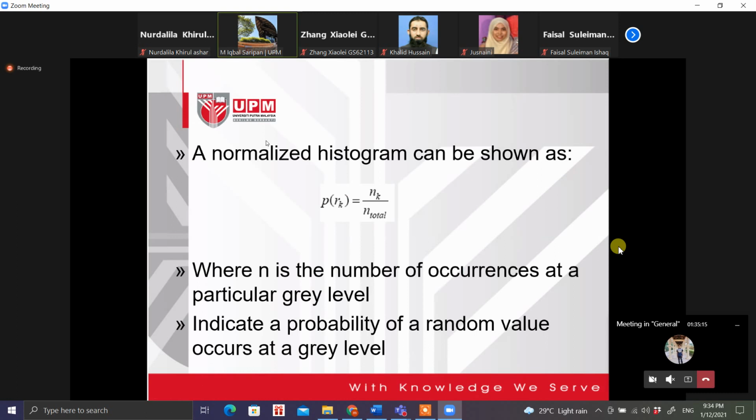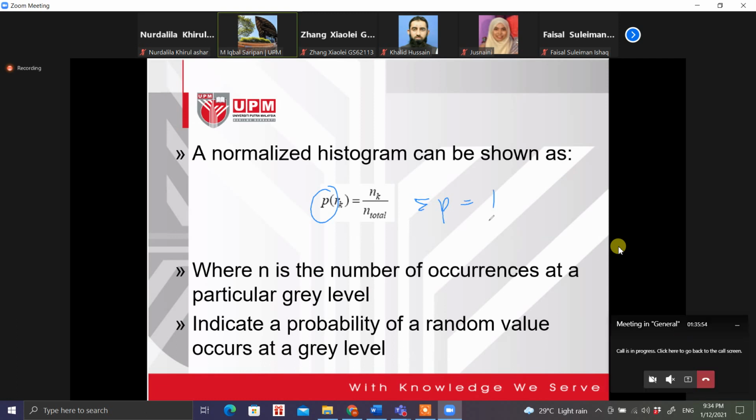So to do histogram equalization, you need to first understand the histogram. I mentioned that we use P because it shows the probability of the color to appear. When we express probability, normally the total probability has to be equal to 1.